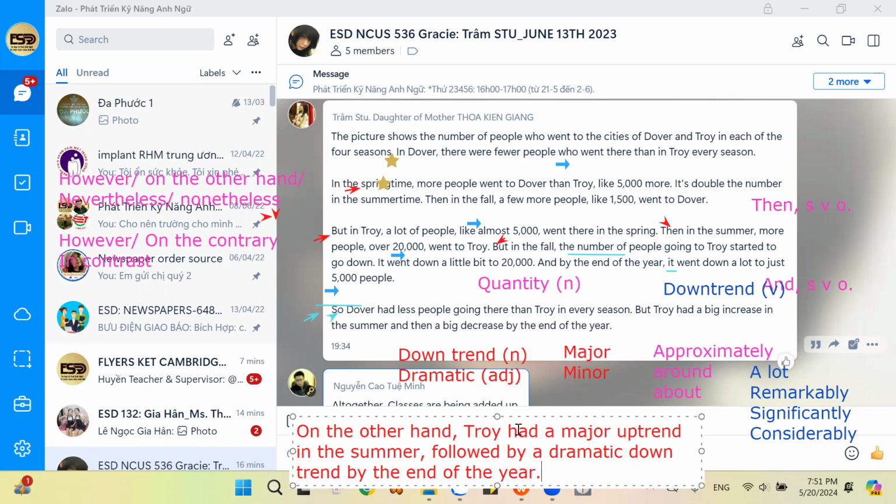This is how you write, okay? It looks very good, right? All right, Tram, you have performed a bit better, but I want you to be excellent. So please try harder.